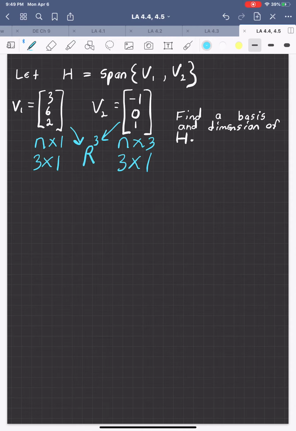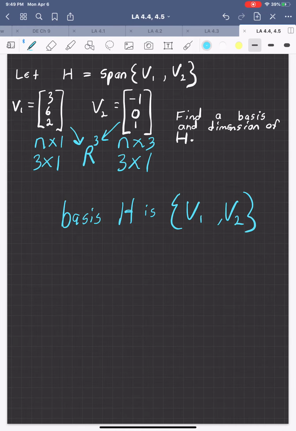If these are my basis vectors, the basis for H is V1 and V2. What I should have made clearer is that the task is to find if V1 and V2 are a basis, which is a better way of wording that.